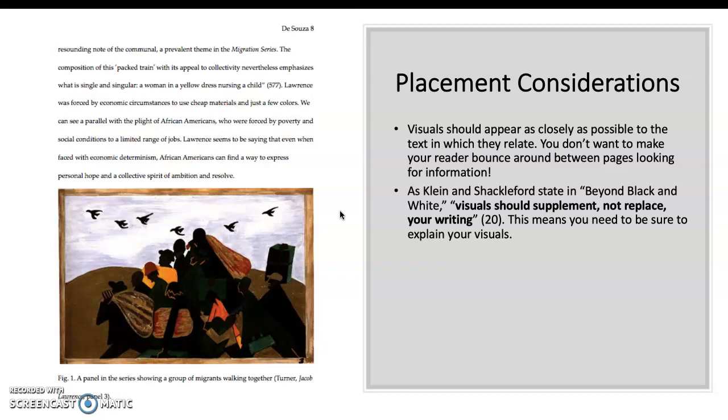And I'll reference the reading that I had you do. We should remember that visuals need to supplement, not replace your writing. So again, as I've been saying throughout this video, make sure that you're explaining your visuals. You don't want to just have it in there, which I do see pretty often, which is why I'm repeating this so much.